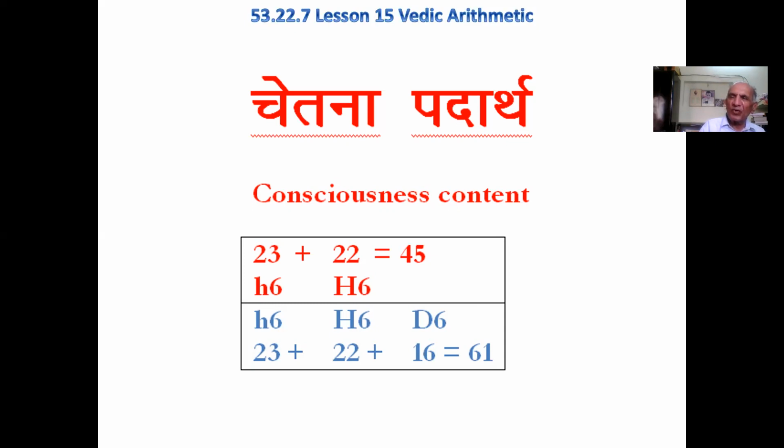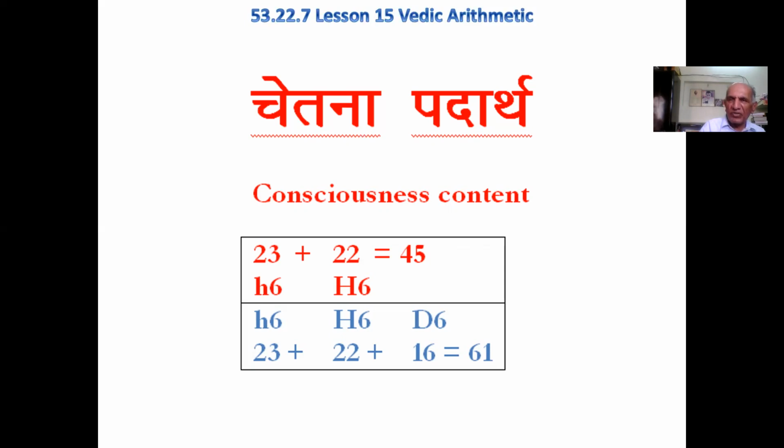Hypercube 6 is a full unit body, 4, 5, 6, 7, is a value 23, while half unit hypercube 6 is of value 4.5, 5, 5.5, 6, 6.5, and their summation value is going to be 45.